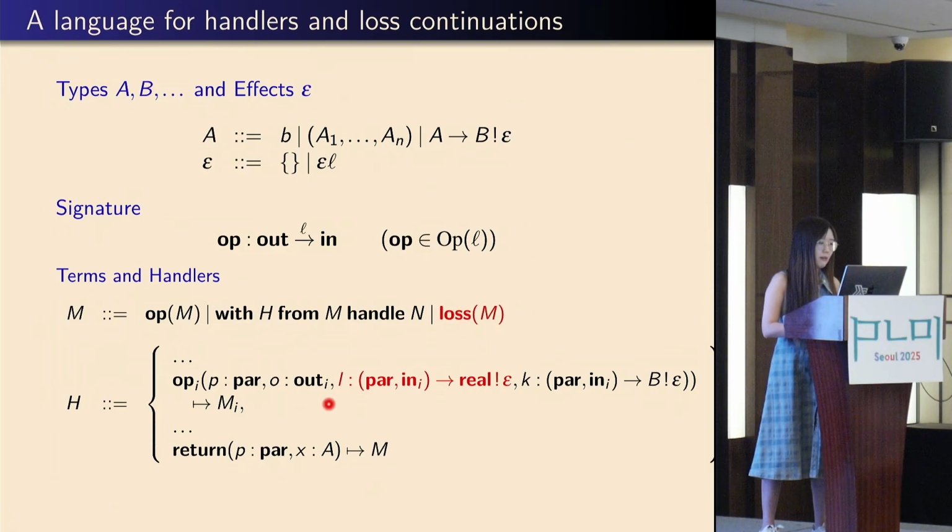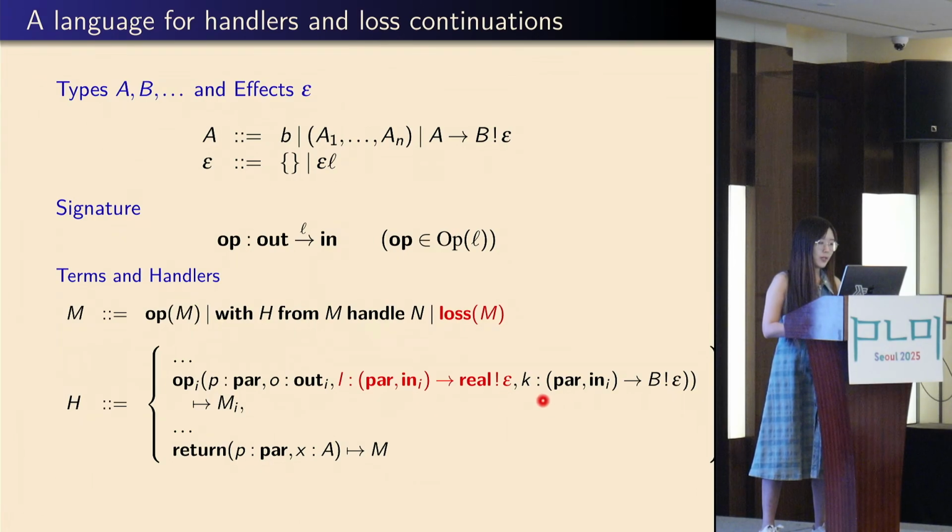And now the handler is also updated. In addition to the handler parameter, the argument to the operation, and the ordinary delimited continuation that we have seen before, it receives an additional continuation, which is a form of loss continuation that we call the choice continuation. It's similar to the continuation that we've seen before in the sense that it receives the output of the operation.